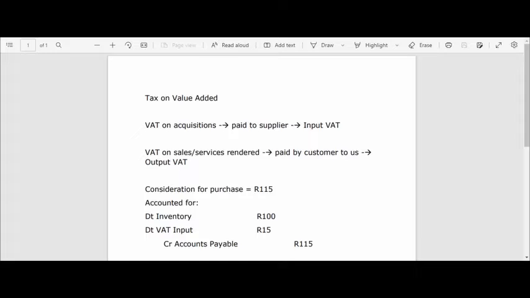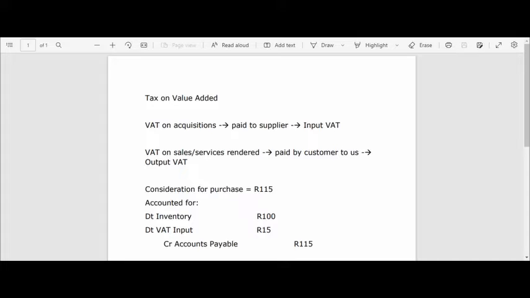You understand that your various suppliers have already paid over the output tax on their side. So whatever value they have added has already been paid over, right? That is why we are able to deduct the input VAT. So in effect, we are paying over to the revenue service value added tax on the value that has been added within our business. Happy with that? Does that make sense? Hopefully.